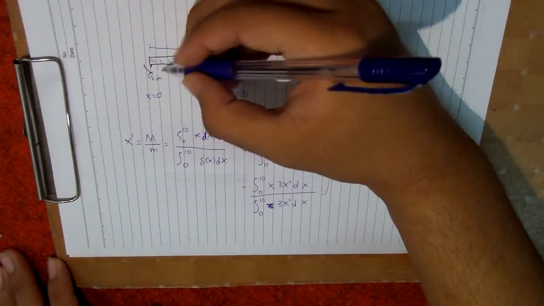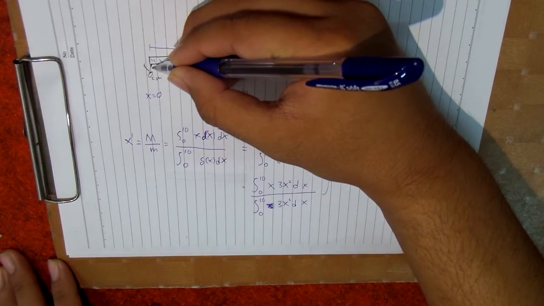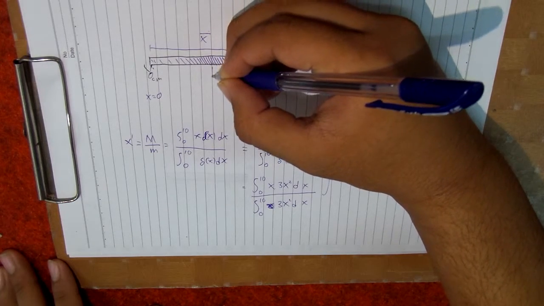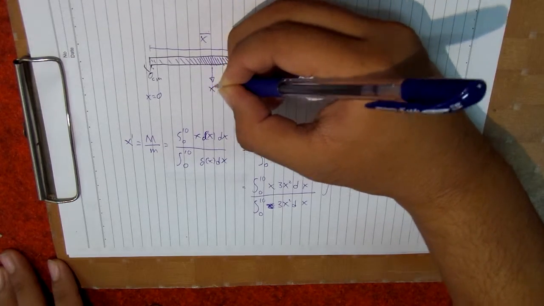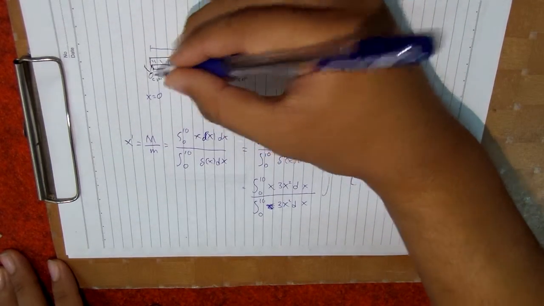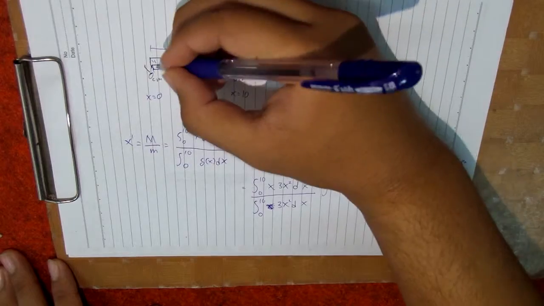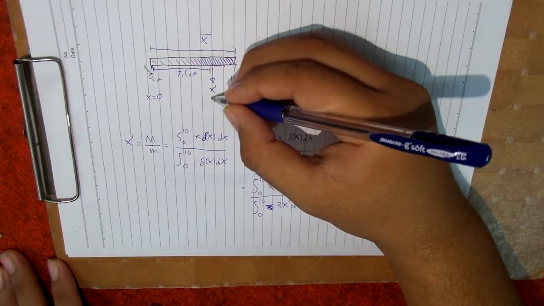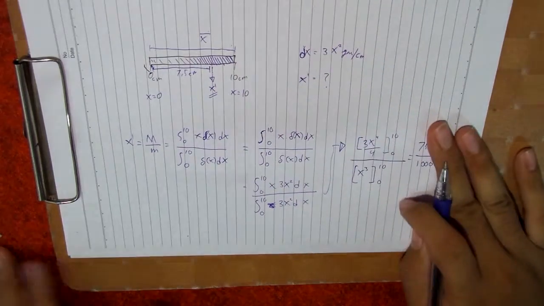So we can say that the position of the center of mass is here, about 7.5 centimeters.